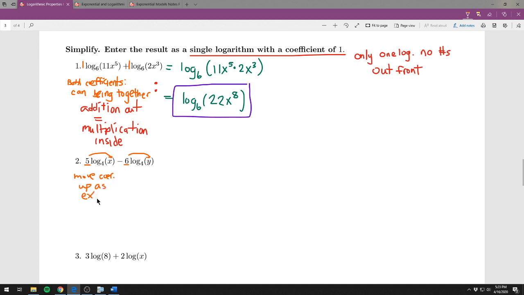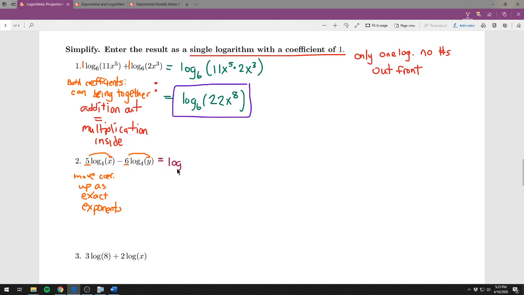And please, please, please do this one step at a time. These problems take 2 or 3 steps at most. If you try to do all this at once, typically what I find is that's when mistakes are made on these type of problems. So we move the 5 up to the exponent on x.